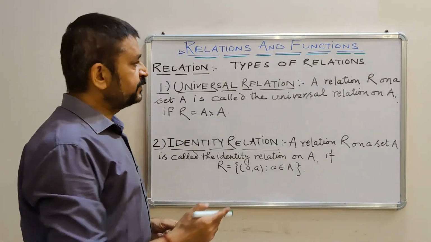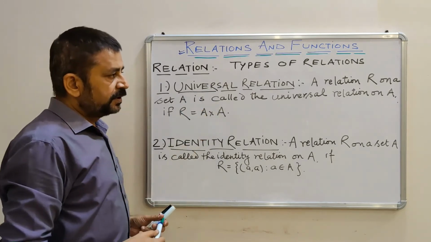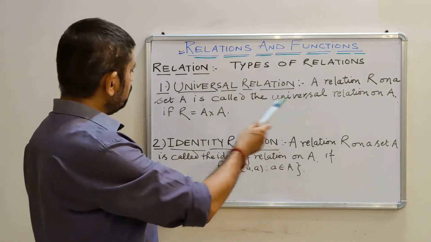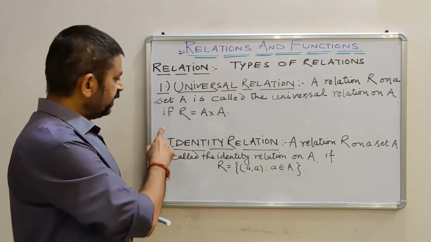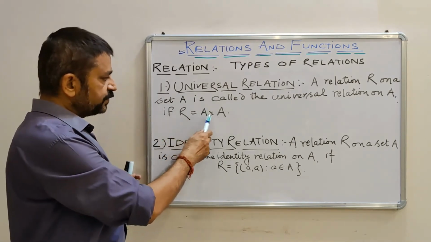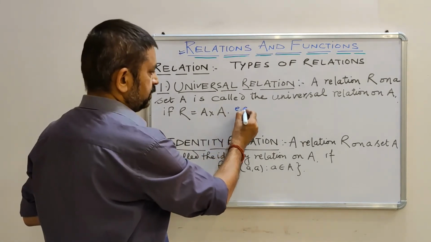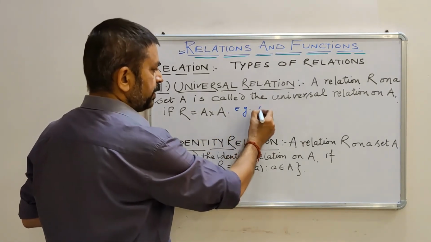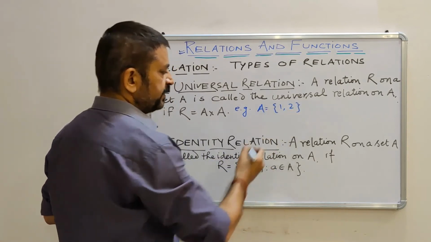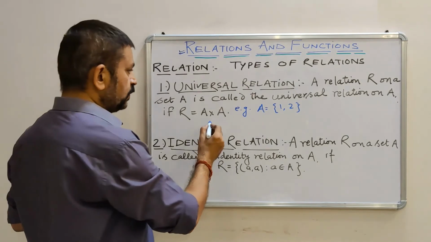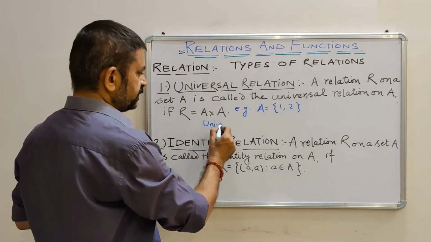Now, the types of relations. First one is universal relation. A relation R on a set A is called the universal relation on A if R is equal to A cross A. What does it mean? For example, consider one set A, say 1 and 2. These are the two elements in A. So, what will be the universal relation?